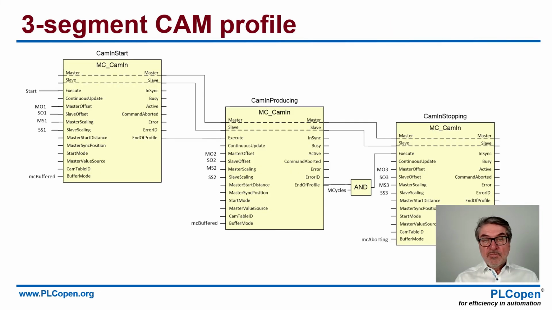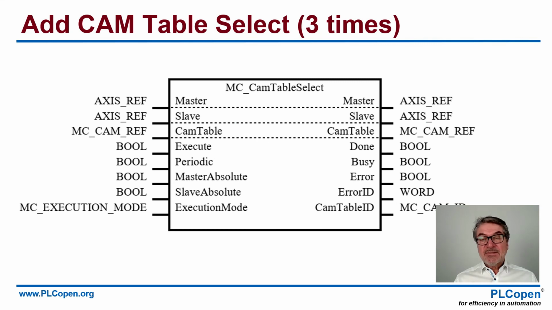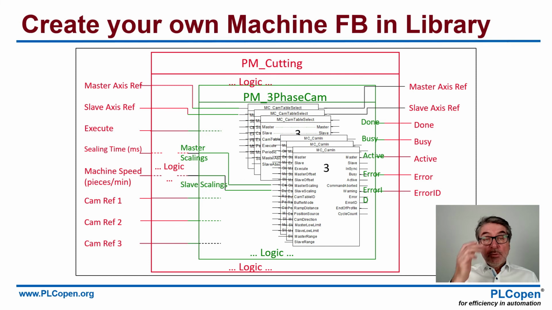So with your 3-segment cam profile and the cam table select, which we need 3 times for the different cam table selections, you can merge them into one function block and one environment. And you can create your own function block out of that one and add it to your library and reuse that over and over again. So it makes you more efficient in that sense.